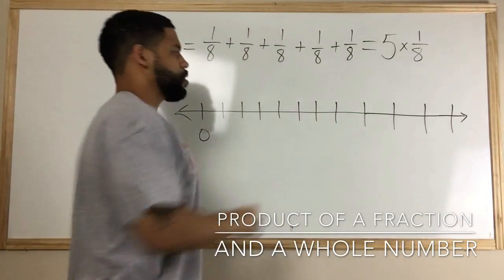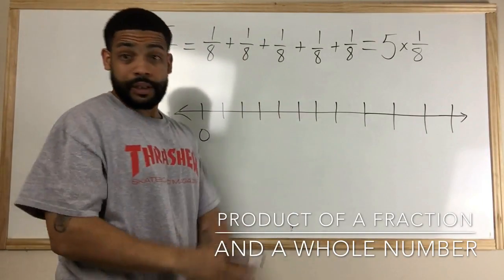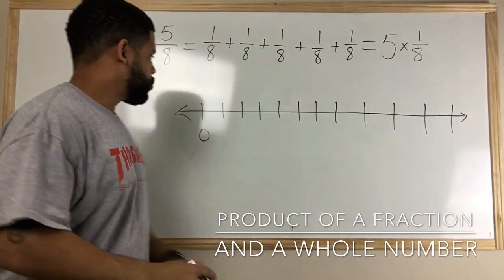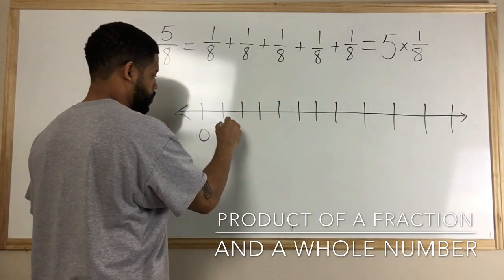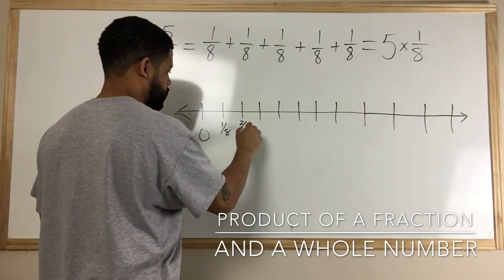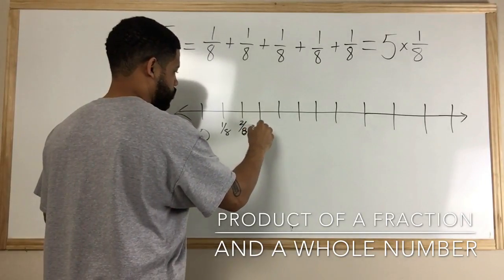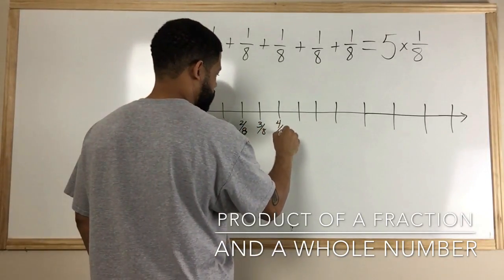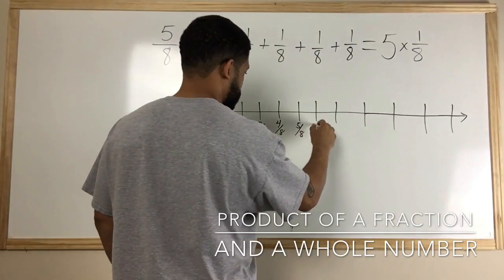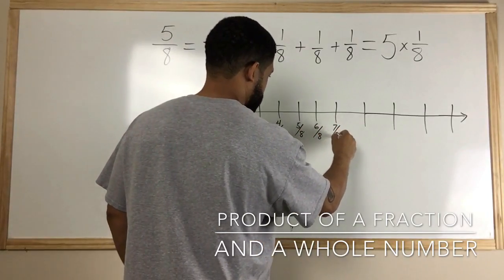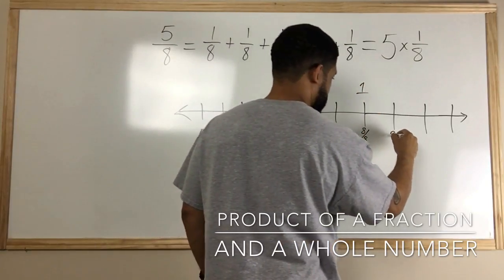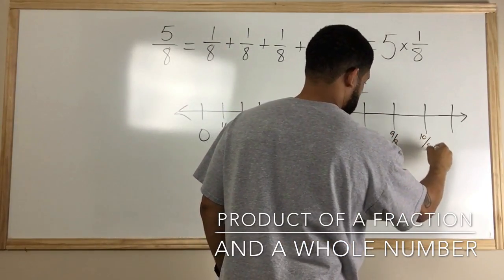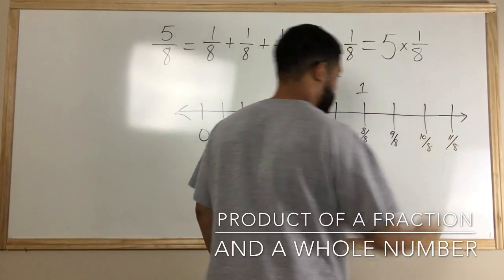Okay, so here's our number line. I don't know what the ending point is, we're going to figure it out. But we're going by eighths. Let's say each one of these is an eighth, since we were talking about eighths. So 1/8, 2/8, 3/8, 4/8, 5/8, 6/8, 7/8, 8/8, which is also 1, 9/8, 10/8, and 11/8.